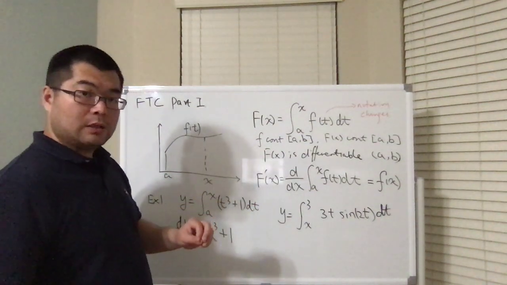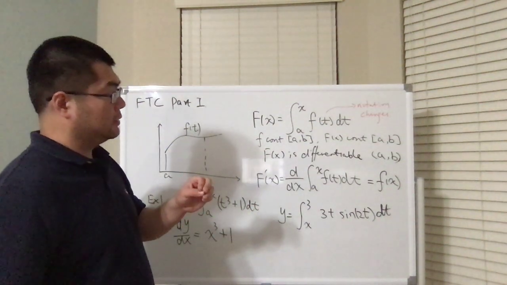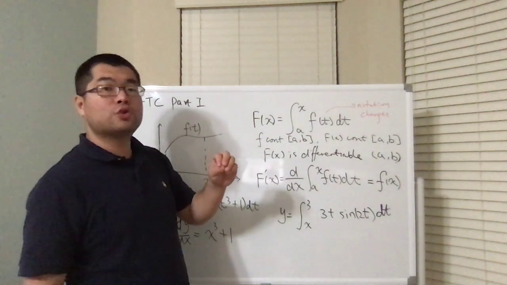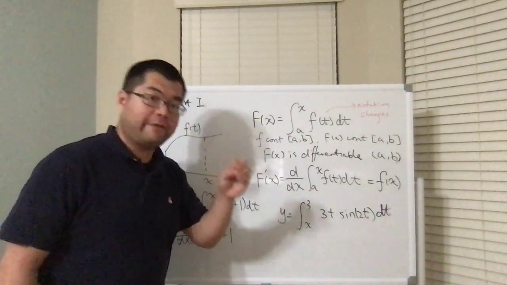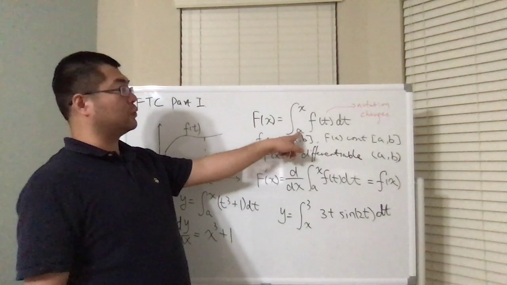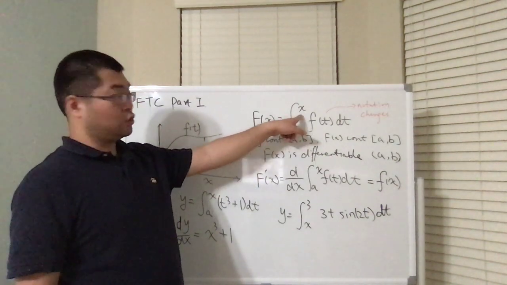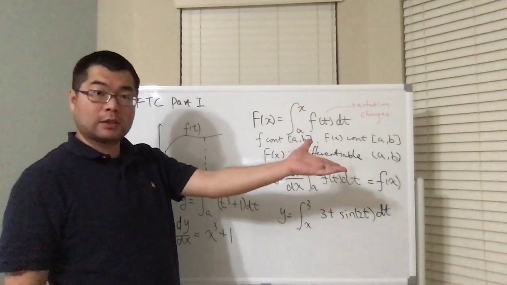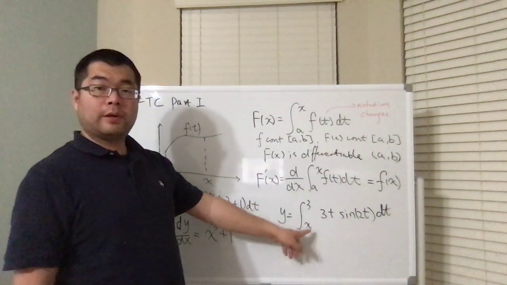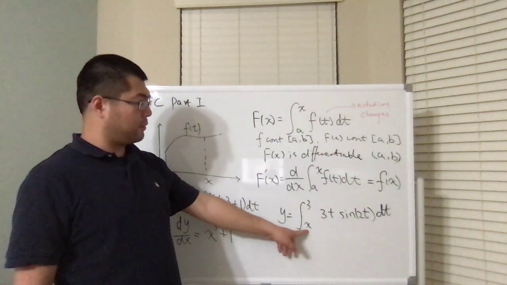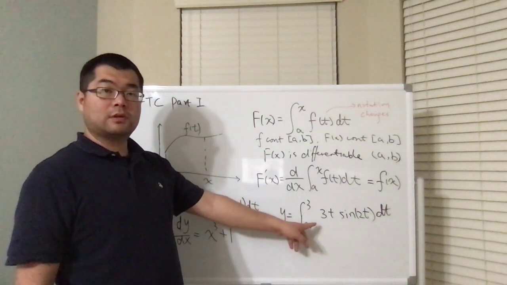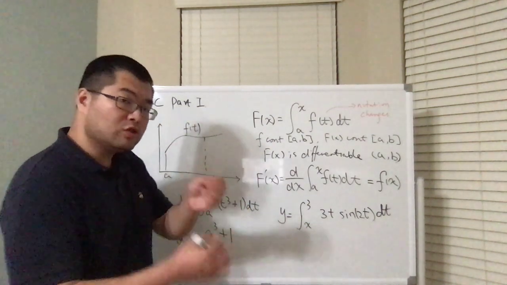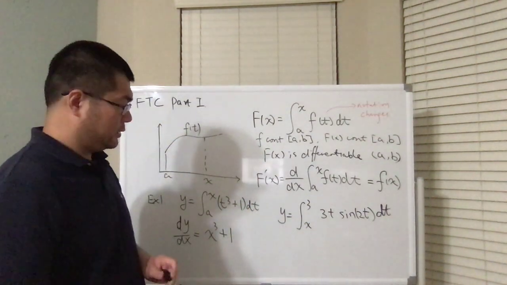But to apply that, you have to make sure that the definite integral starts with a constant and goes up to a variable, which is x. But in our problem here it is from x to 3. So we need to do a little bit of simplification.